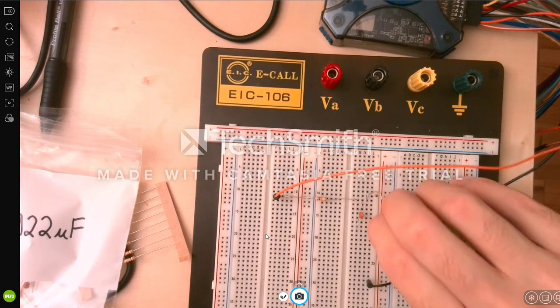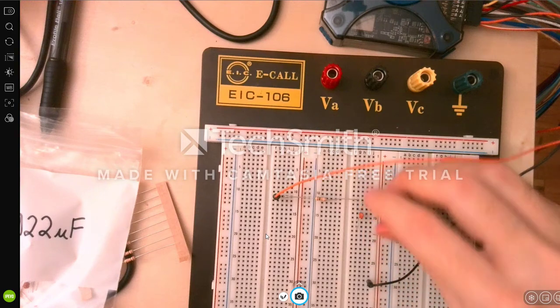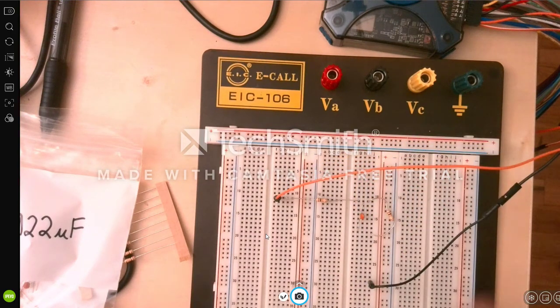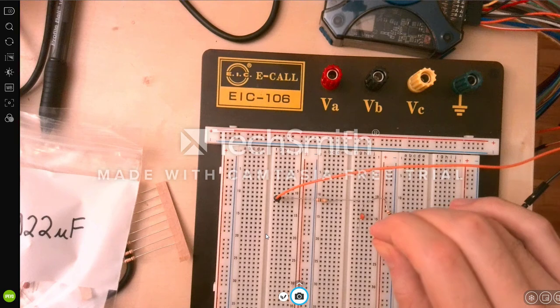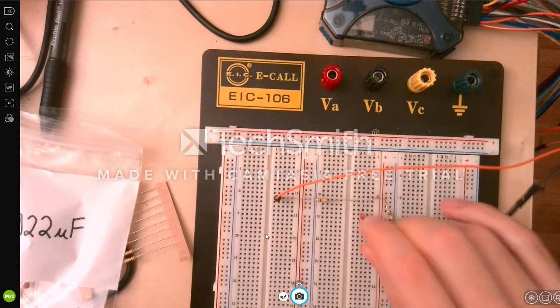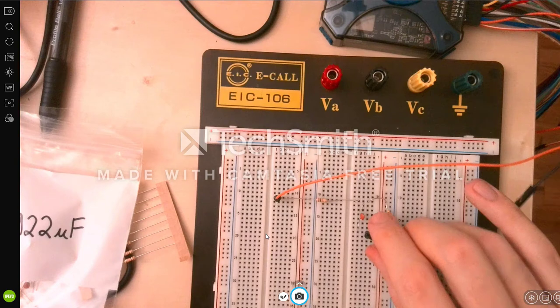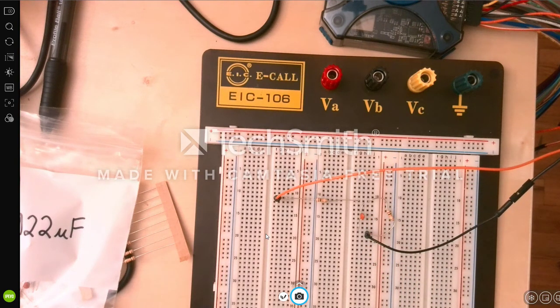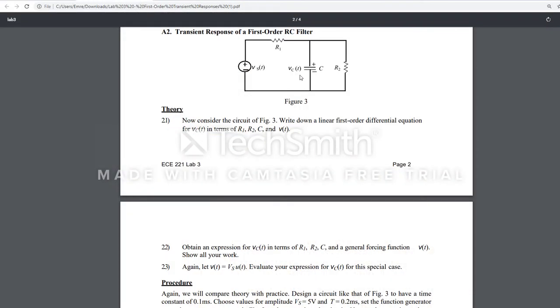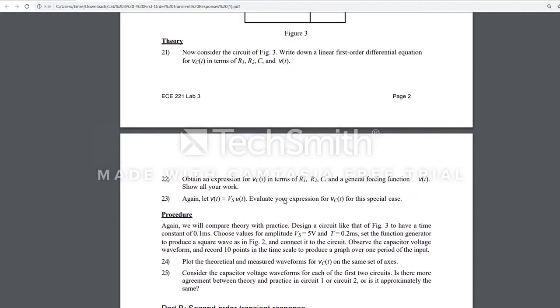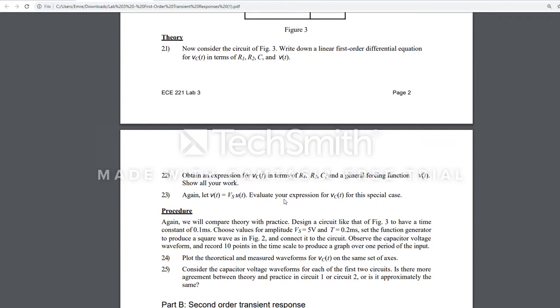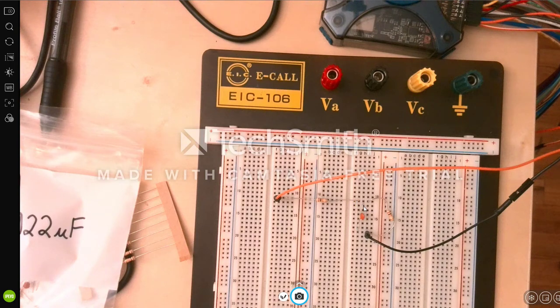And let's put this resistor here and ground it here. Okay. Now our circuit is ready. And we will observe VC, the voltage across the capacitor.